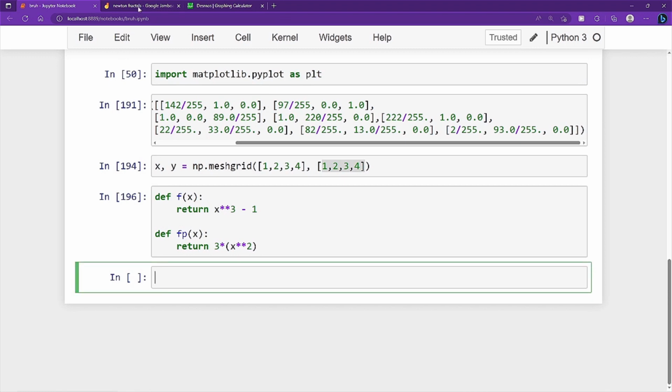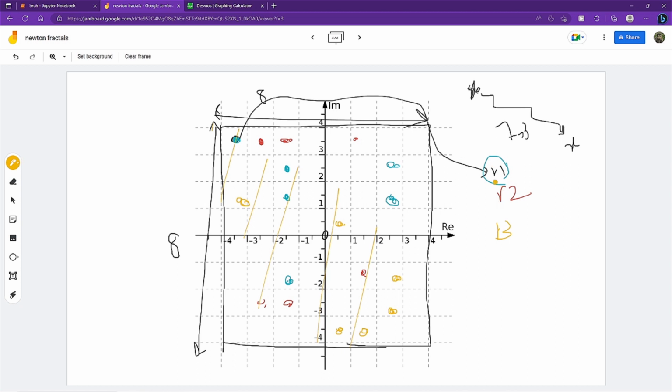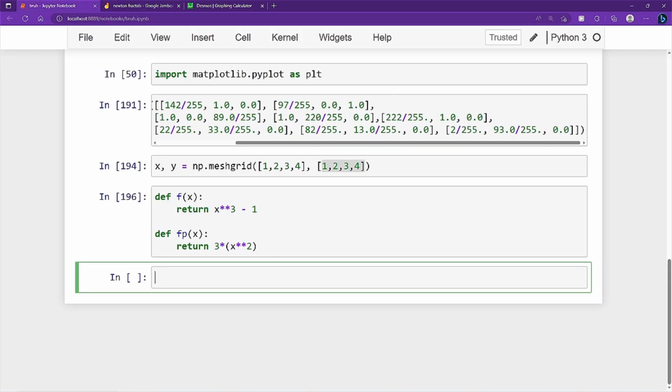Another thing we need here are the true roots, because we have to compare them with the approximate roots that our Newton's method has converged to. The one that matches, we're going to color according to that. So let's get those roots.